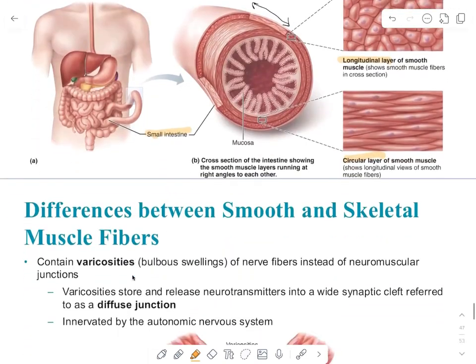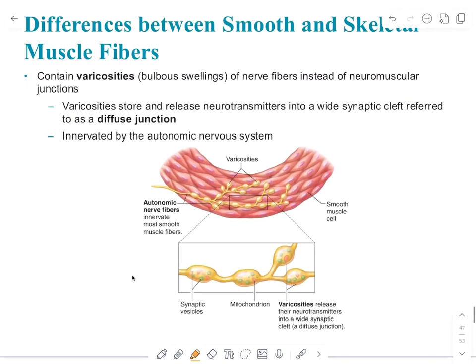So we're going to look at some other differences between smooth muscle and skeletal muscle. And one of those differences is in what's called the varicosity, which are bulbous swellings of nerve fibers instead of the neuromuscular junction. So remember, you learned in skeletal muscle that there is this axon terminal that's kind of bulb shaped at the end.